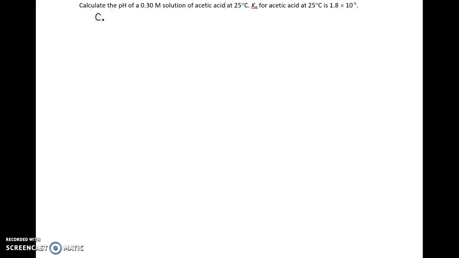Acetic acid is C2H3O2H. In water, it will dissociate to make hydronium ions and acetate ions, C2H3O2-.